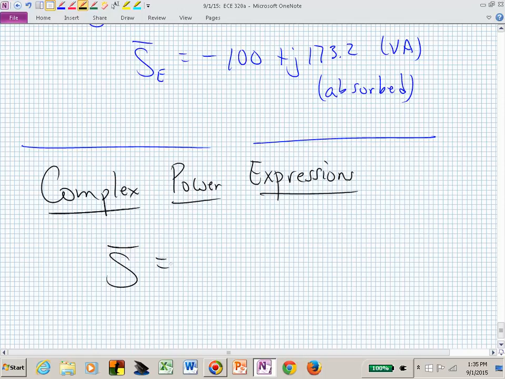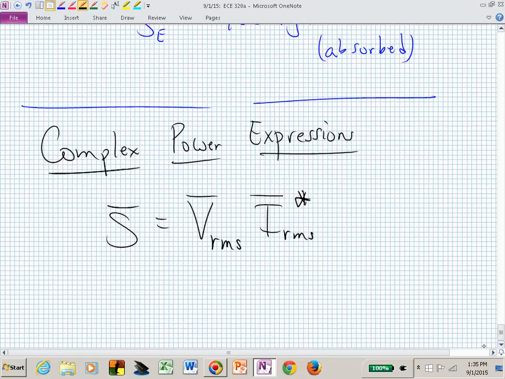We have the complex power is V RMS times I RMS conjugate. That's V I star. We know that V is Z I RMS, times I RMS star.